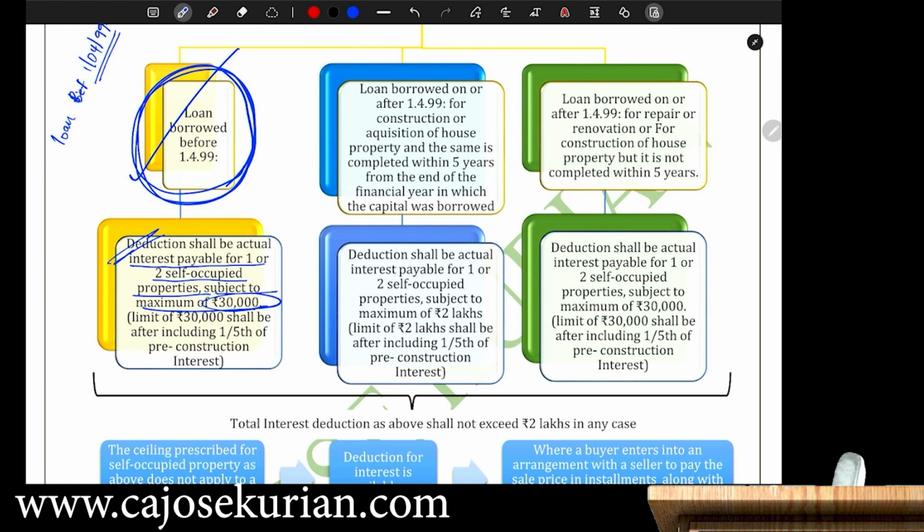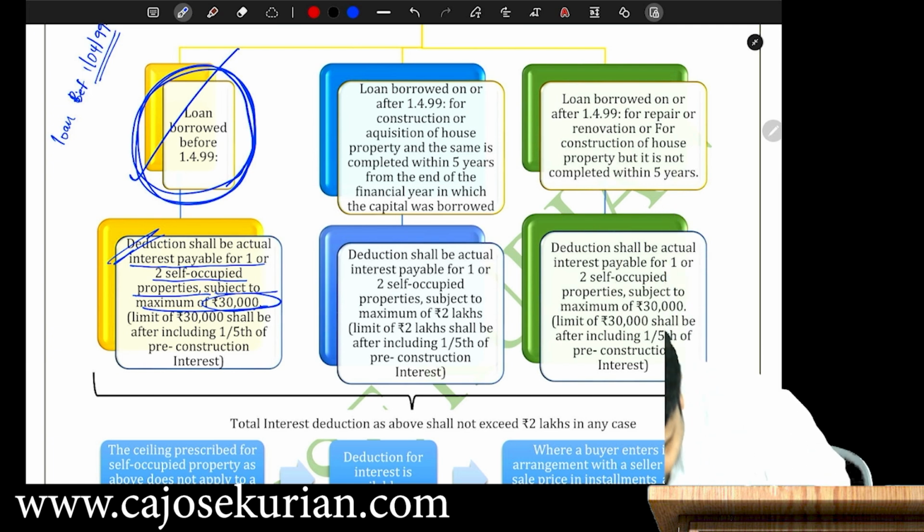Everything together, maximum 30. In whatever permutation and combination it comes, if the loan is before 1st April 1999, you cannot claim more than 30. Are you with me?